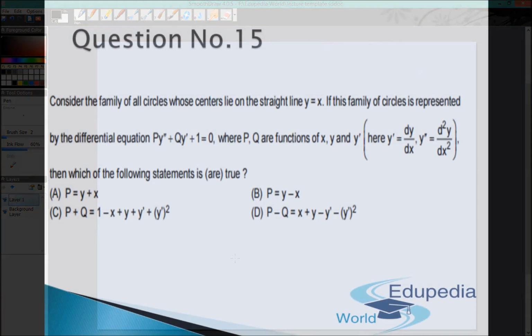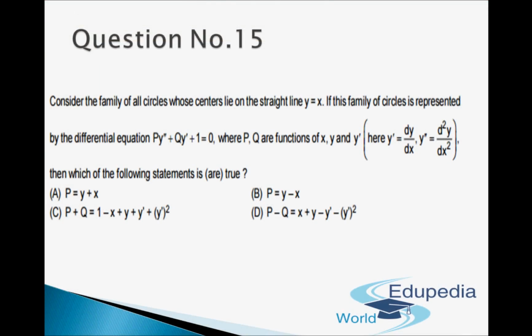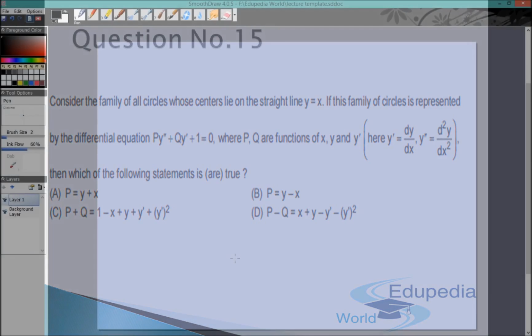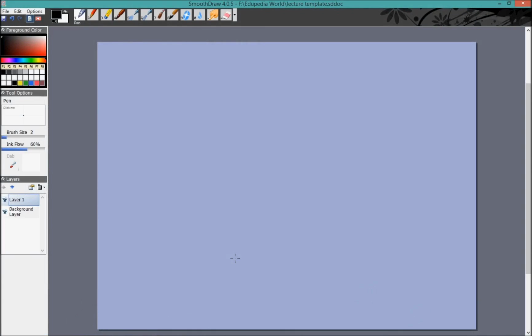Let's do the next question. Consider the family of all circles whose centers lie on the straight line y is equal to x, right? So the family of those circles will have the equation x square plus y square minus 2hx minus 2hy plus c is equal to 0, right?